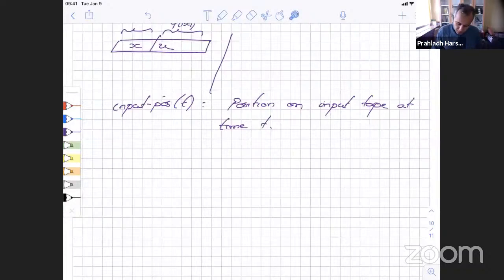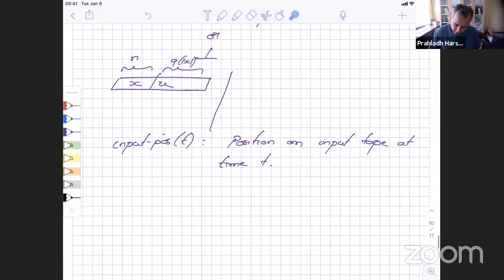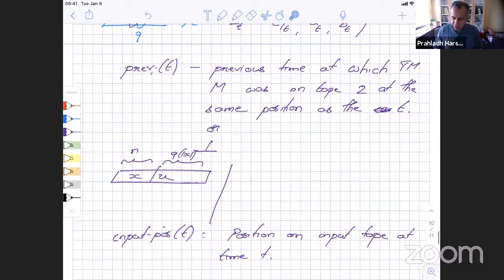The key thing to notice, let's see what's going to happen. So prev of t and input position of t, I claim, don't depend on the input x because the machine is oblivious.